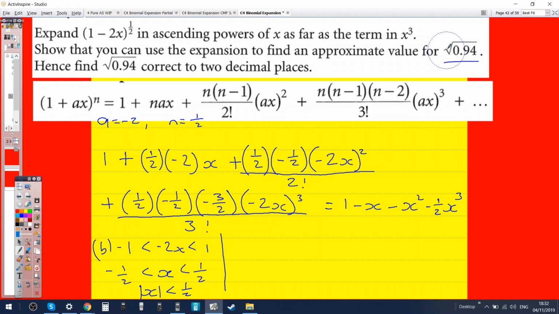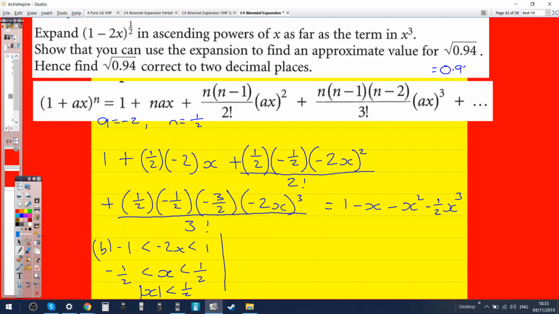Okay, how can we find an approximate expansion for the square root of 0.94? I can't remember how to do it exactly. There's a little trick to it. So this was (1 minus 2x) to the half, and the square root is the same as to the power of a half.